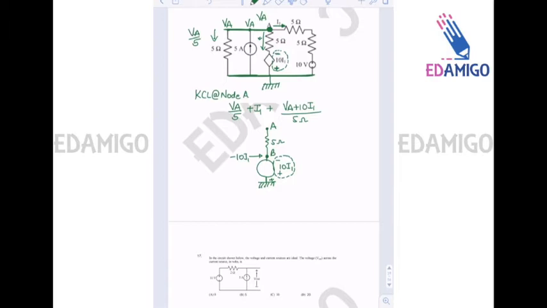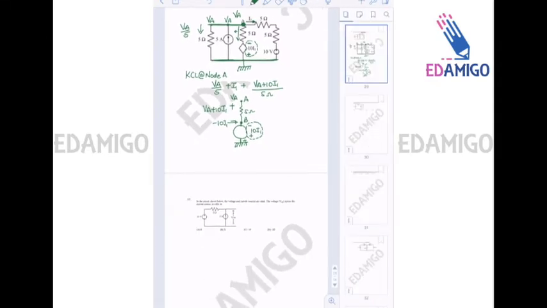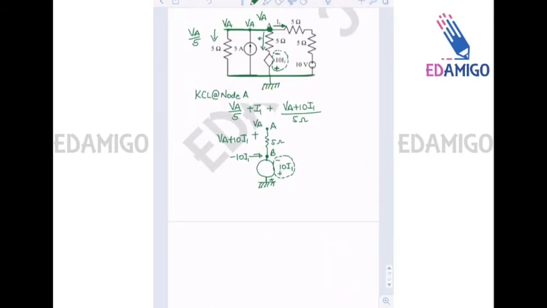Now the voltage drop across this 5 ohm resistance is, this is VA, now the voltage drop across this is VA plus 10 I1, right? And the current will be voltage drop divided by resistance. Okay, got it? So from here we are getting this result, right?